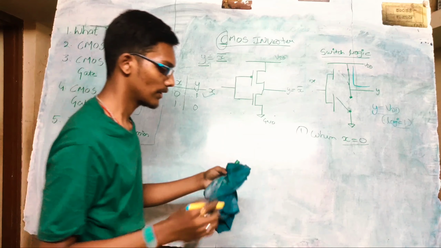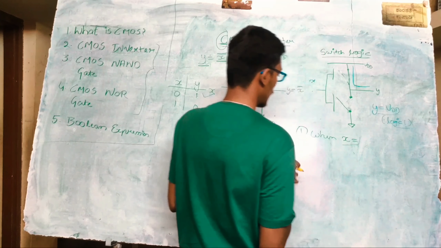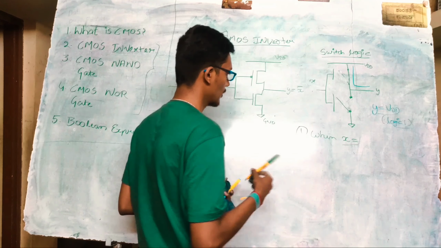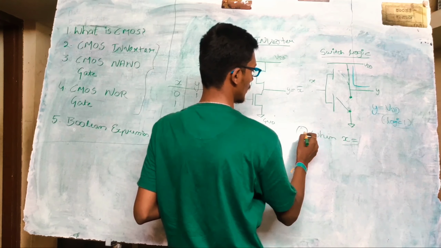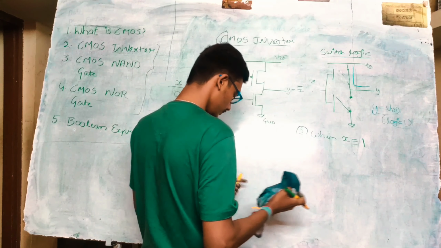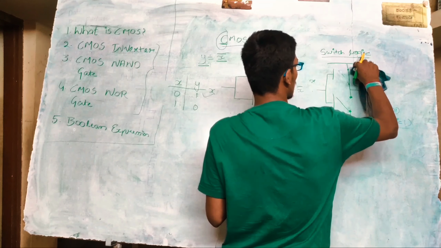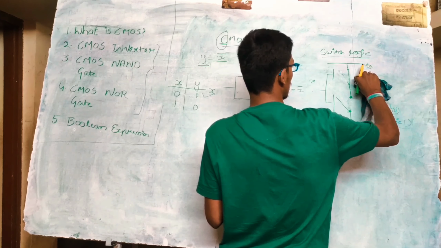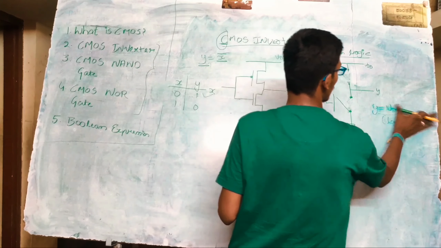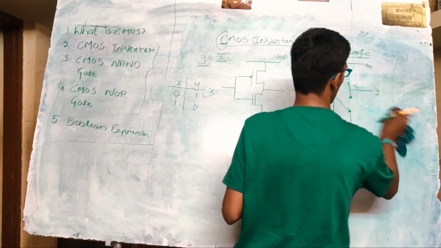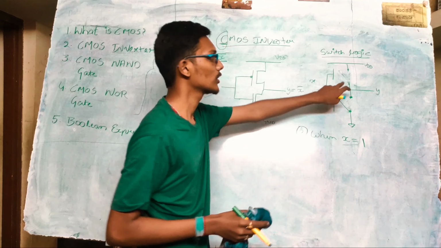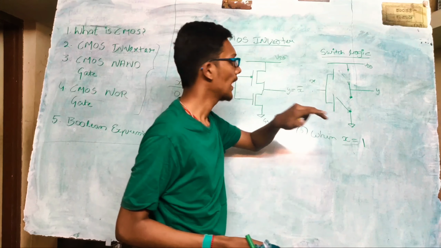Now at logic 1 we will verify. Case 2, when X is equal to 1. We have seen that PMOS will be off when X is equal to 1 and NMOS will be on.